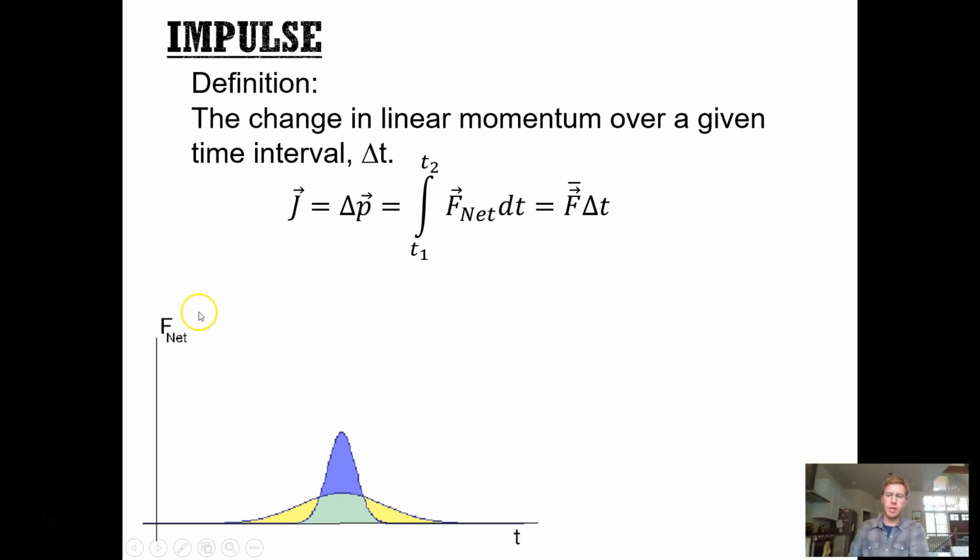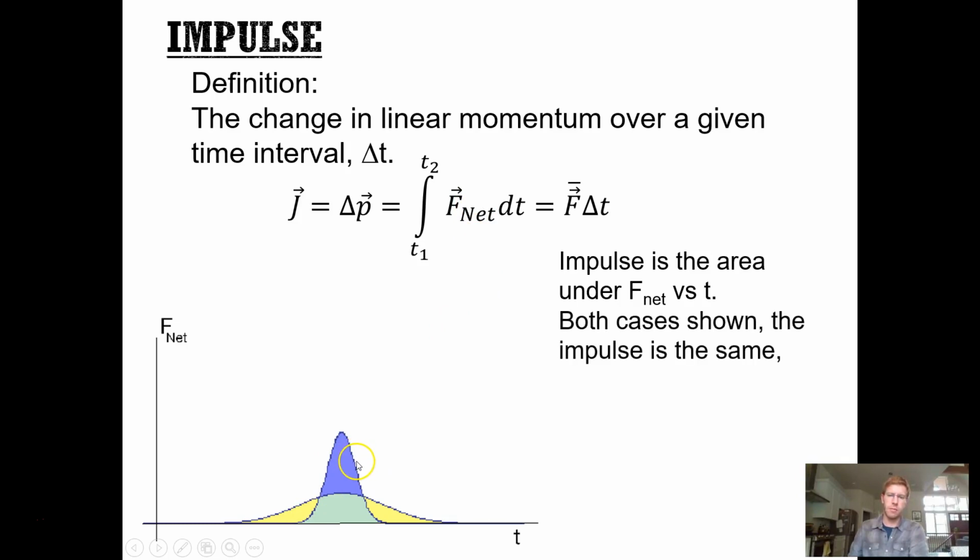The thing that gets tricky here is you can have two different situations with identical impulses. Right here, I've come up with these graphs. Both the yellow graph and the purple represent equal amounts of impulse. Now, are they the exact same? No, they have equal impulses, equal areas, equal integral values, but they're not identical.